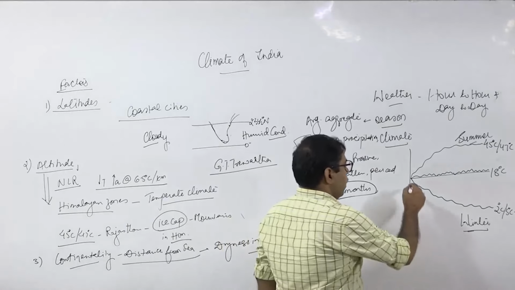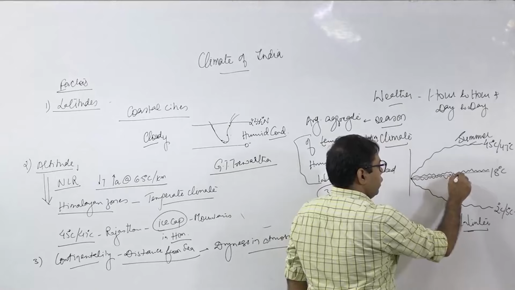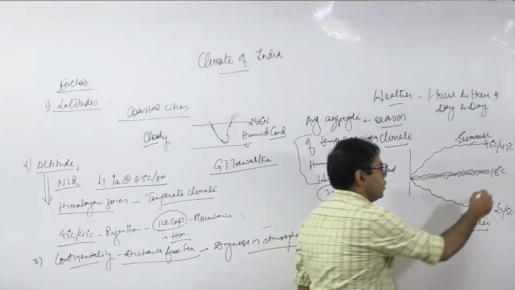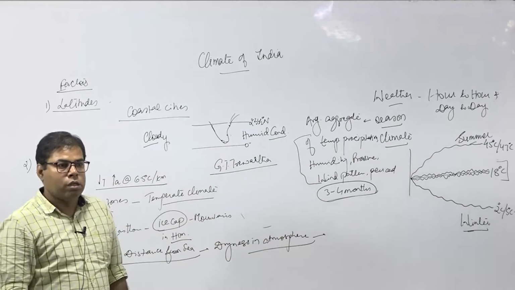For example, if the temperature is near 15 degrees, 14 degrees, 18 degrees, 19 degrees, 16 degrees, can we call that seasonality is prevailing? Yes or no?